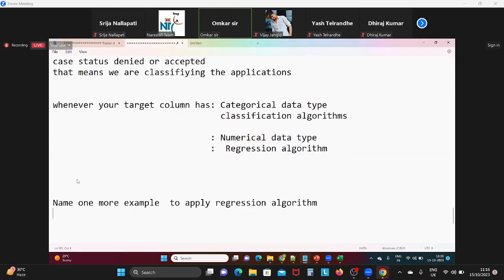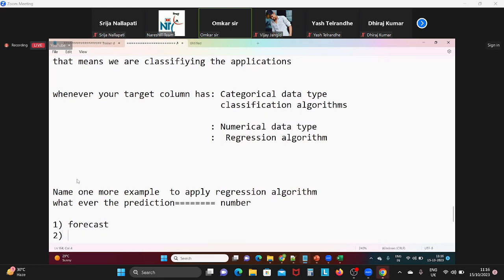Whatever the prediction is, it should be a number. The prediction should be a number. Weather forecast, okay.